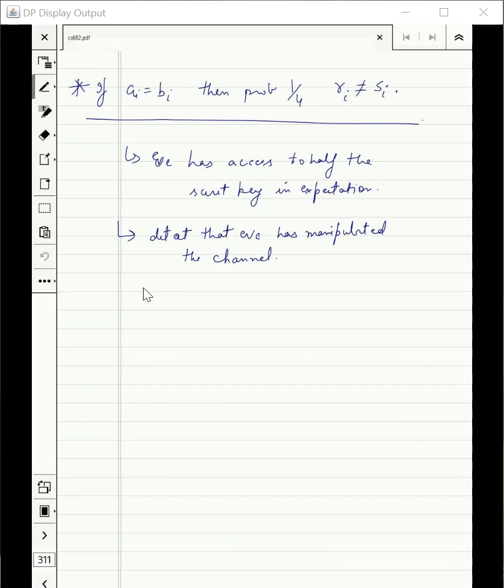What you can do is disclose part of the secret key. Let's say whatever is the secret key we had, we will disclose half of it. Both of them, Alice and Bob, disclose half of it on the public channel.